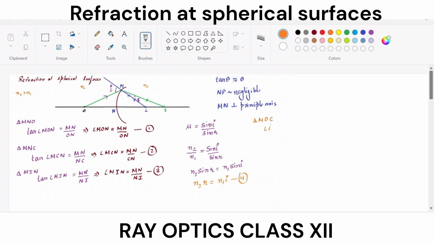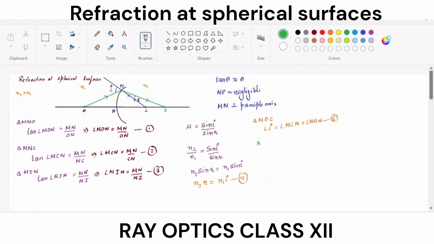Angle i is the exterior angle, that will be the sum of MCN plus MON. We'll substitute it later. So let me place it here as equation number 5.